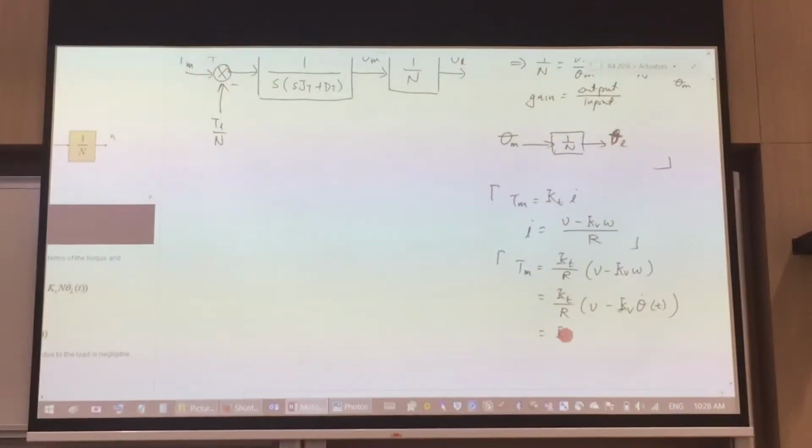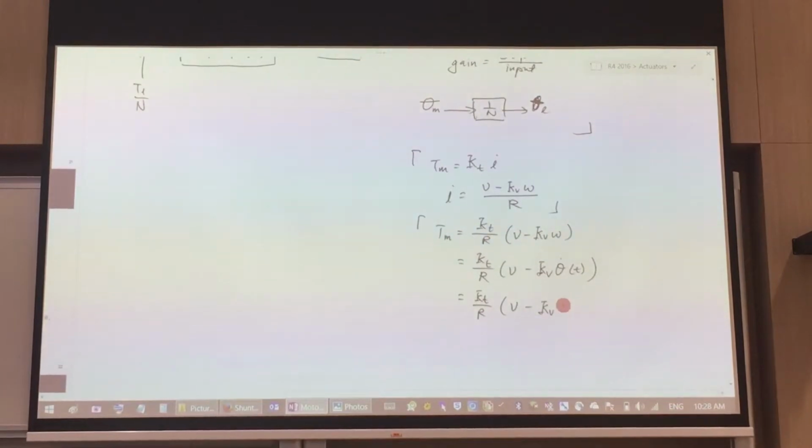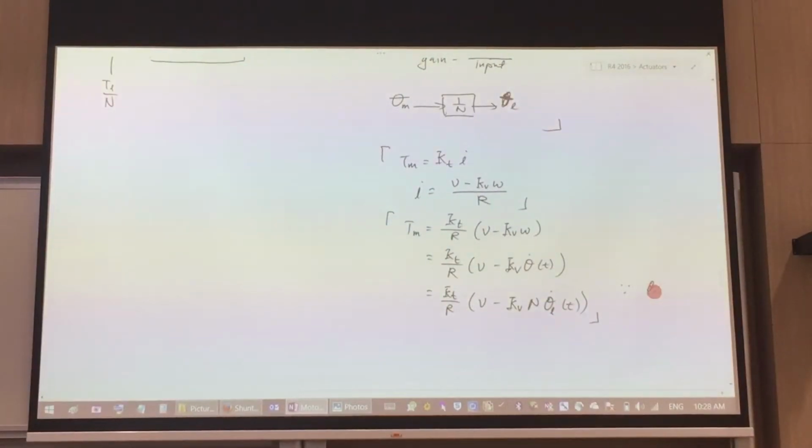So that will be equal to KT over R, V minus Kv, and that theta dot m is the same as n theta dot L. That's because just now we were talking about theta L over theta M is equal to 1 over n. So I'm just changing that, theta dot M, into this form over here.